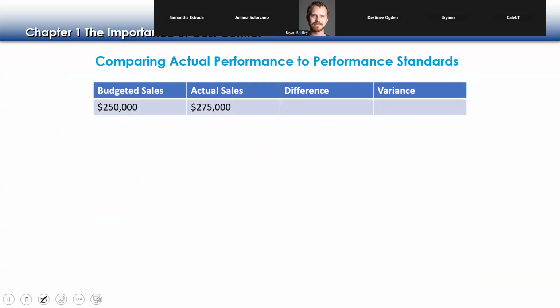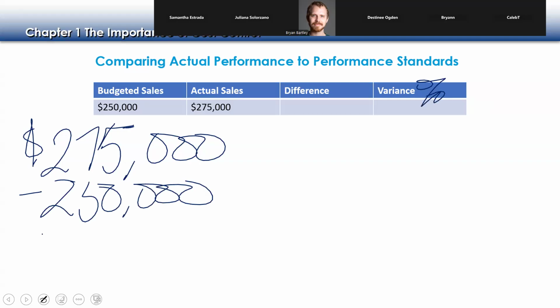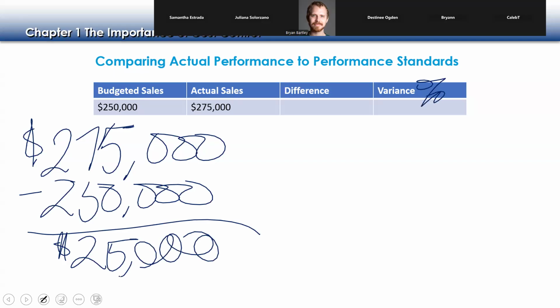So here we go. Let's do another example. Actual $275,000 minus our budgeted of $250,000. What is our difference? $25,000.